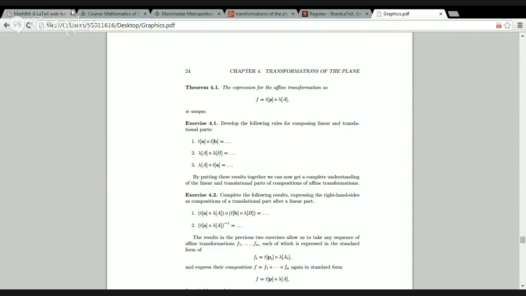So overall, you've preserved the distances. You haven't stretched things at all. And similarly with inverses, if you have some procedure which moves the plane but preserves distances, and you perform it backwards, perform the inverse of it, that's still going to have that same property, that it preserves distances.